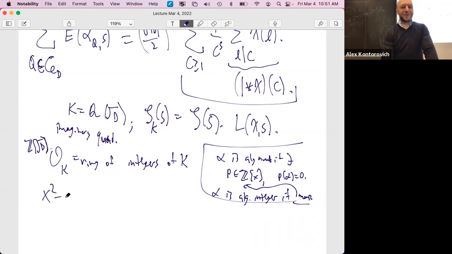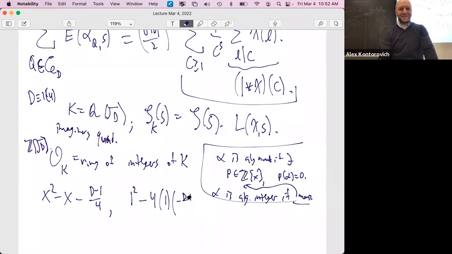So this polynomial, x squared minus x minus, remember, in our case d is 1 mod 4, so you can take (d minus 1)/4. This is an integer valued polynomial. Its discriminant, b squared minus 4ac, is exactly d.